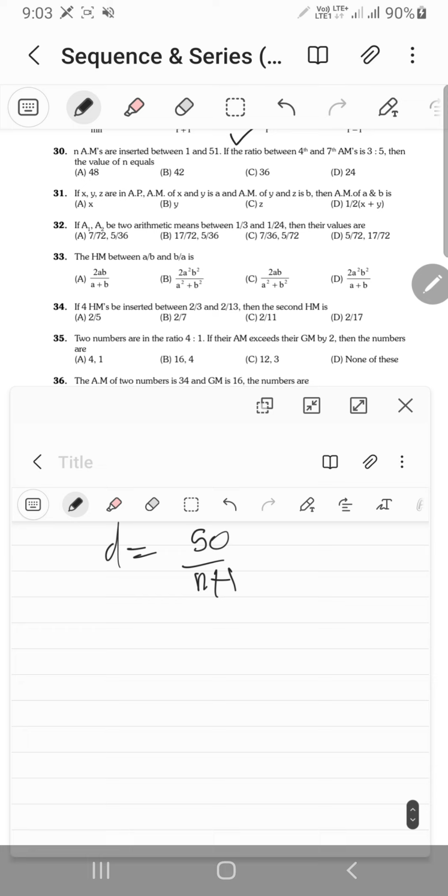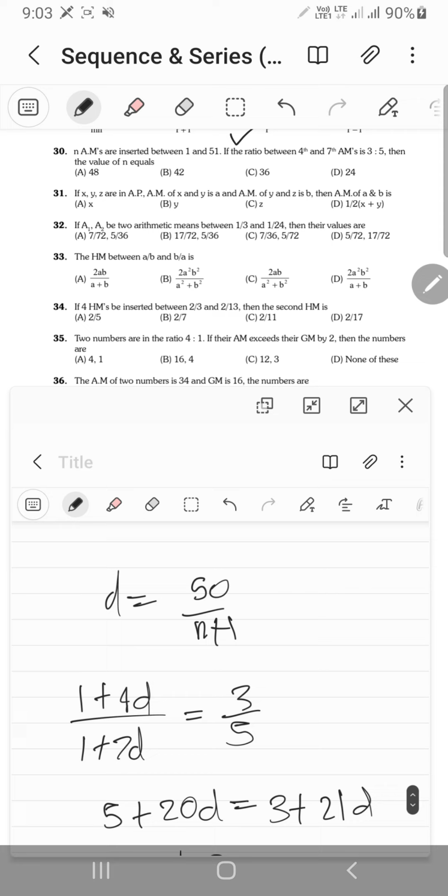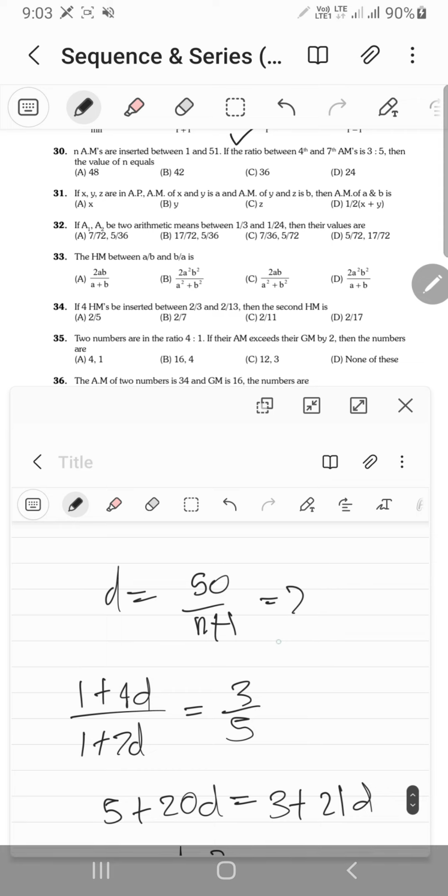For the 4th AM, it will just be 1 plus 4D, so (1 plus 4D) upon (1 plus 7D). This ratio is 3:5. That means 5 plus 20D is 3 plus 21D. So D is 2. Oh, that's nice. This thing is 2, that means 25 equals n plus 1, n equals 24.